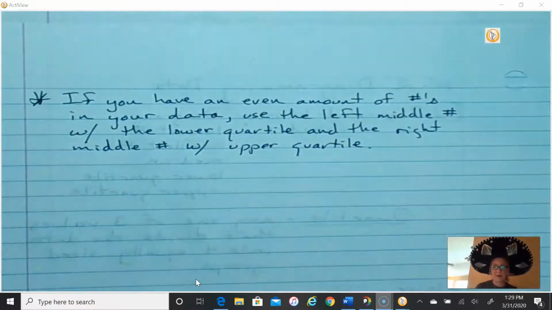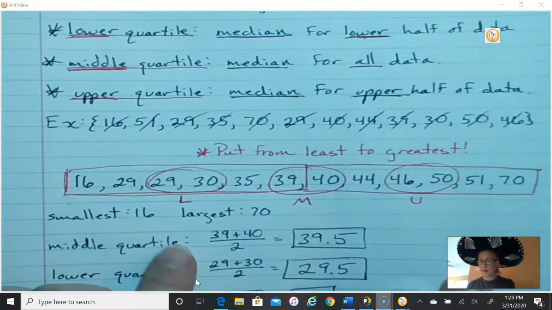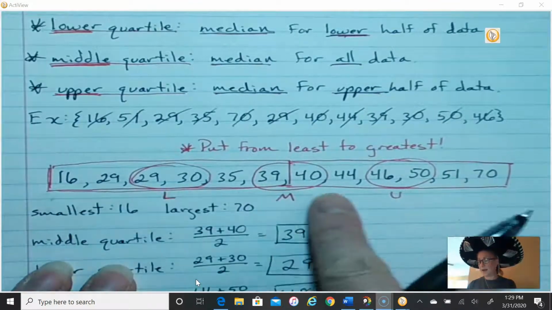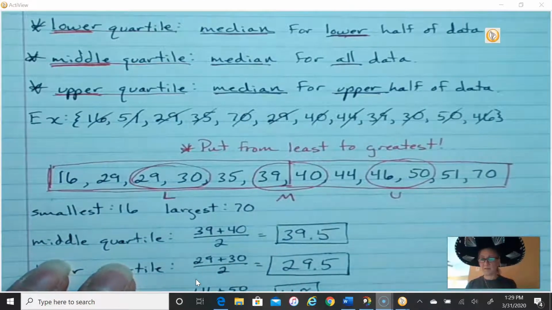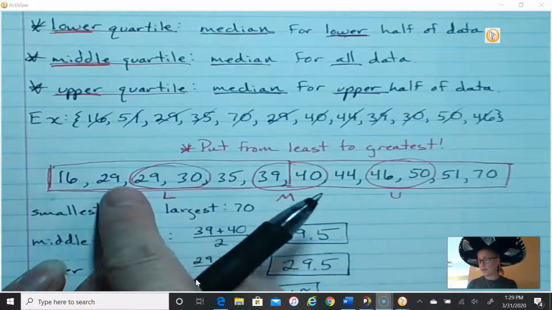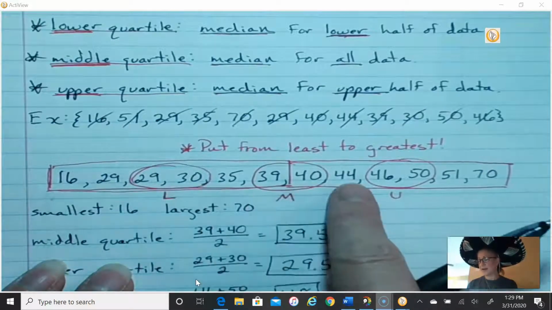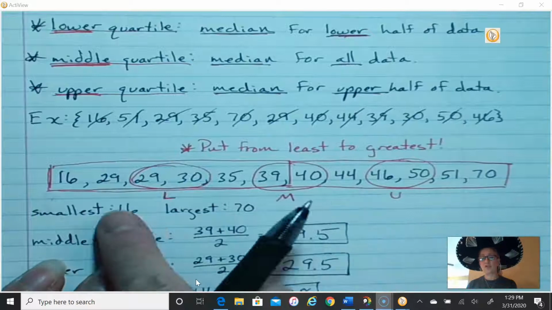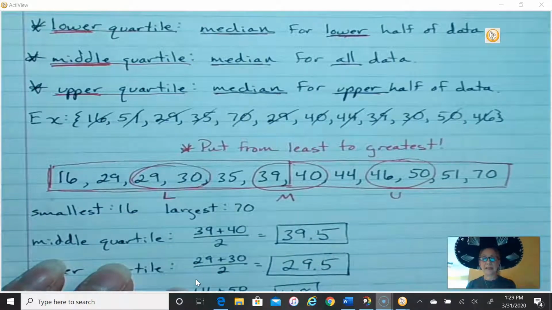Okay, basically what that's saying is this right here. There's an even amount of numbers. Even. Remember 2, 4, 6, 8, 10? All right, there's 1, 2, 3, 4, 5, 6, 7, 8, 9, 10, 11, 12. 12. That's an even amount of numbers, data.